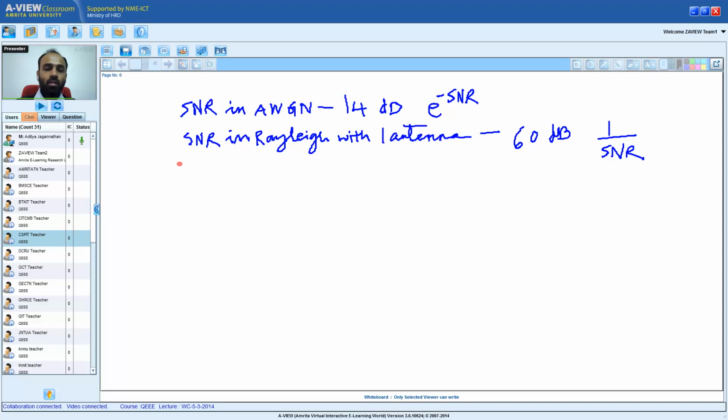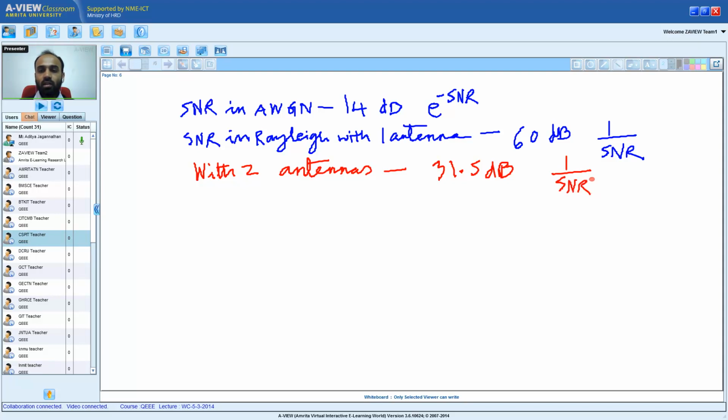However, now with multiple antennas, with two antennas, what happens to SNR? The required SNR has come down to 31.5 dB, because bit error rate is now decreasing as 1 over SNR square.